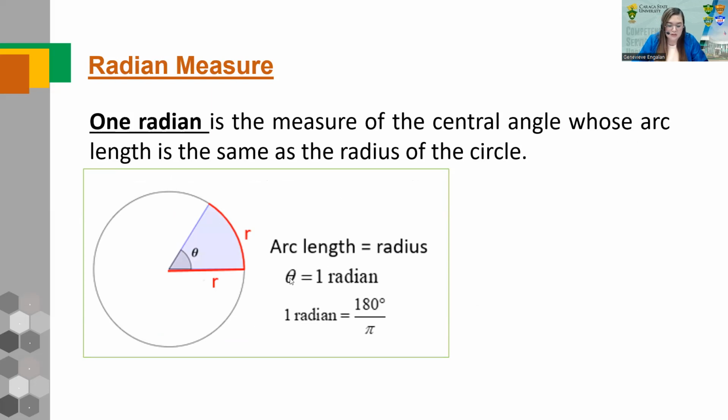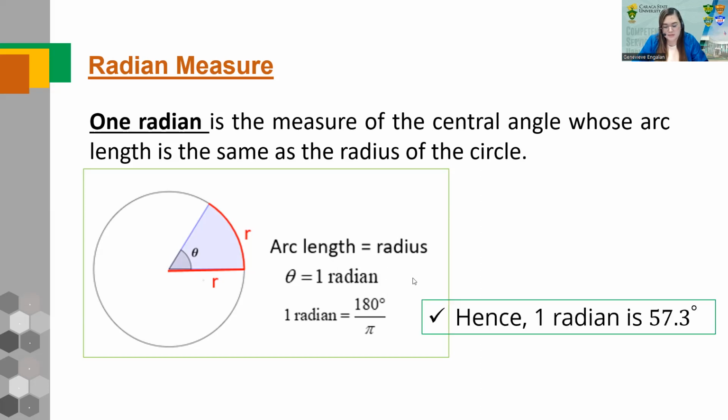So pila man ang 1 radian? 1 radian is equal to 180 degrees over pi. So pasabot, ang imong arc length is just equal sa imong radius, again, if your theta is equal to 1 radian. So equal sila.